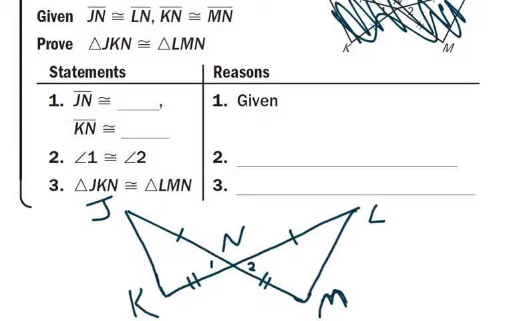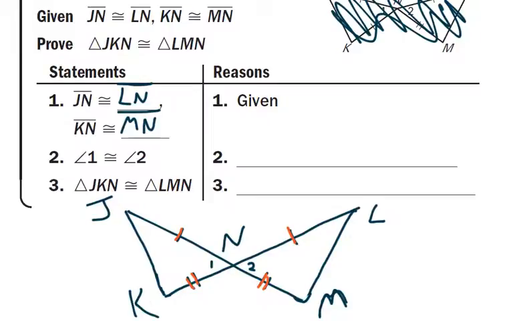Like always, we're going to start our proof with the given statements. JN is congruent to segment LN, KN is congruent to segment MN. And it's already done, but don't forget to always mark your pictures when you write it in the proof. Now if we look, that's 2 sides for the triangle on the left congruent to 2 sides for the triangle on the right.